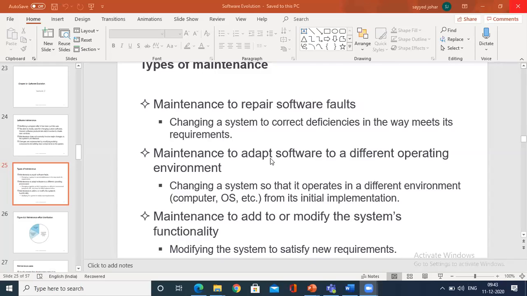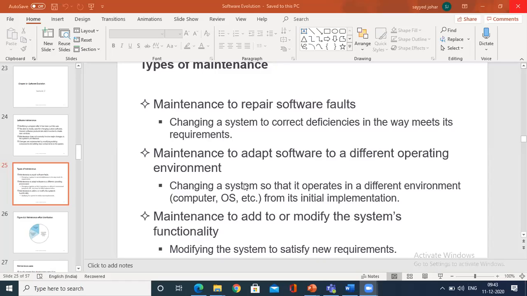The environment means the platform in which you are working, maybe the hardware. So here this application system should be modified to adapt or cope with the environmental changes. Fine. This is the second maintenance.